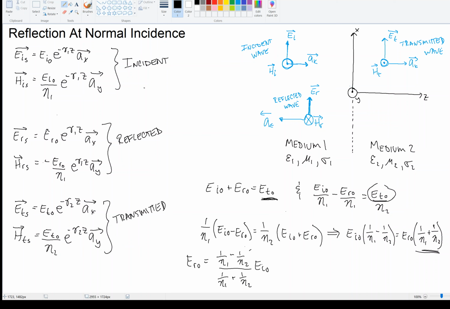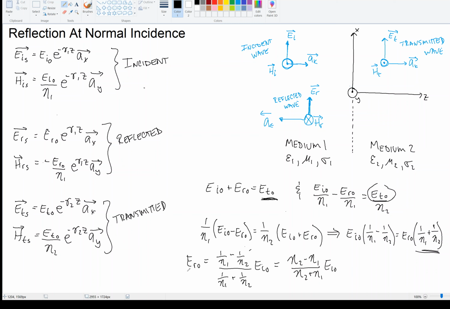And I can clean this up even more. I can get a common denominator, and I can write this as, it turns out, eta 2 minus eta 1 over eta 2 plus eta 1, times the incident electric field.